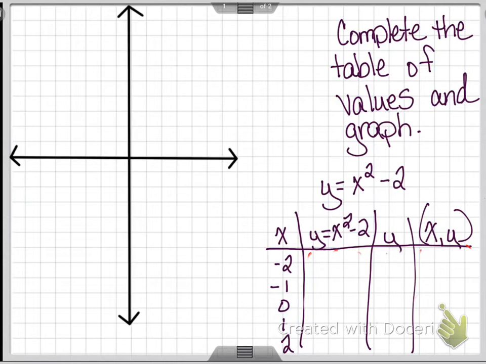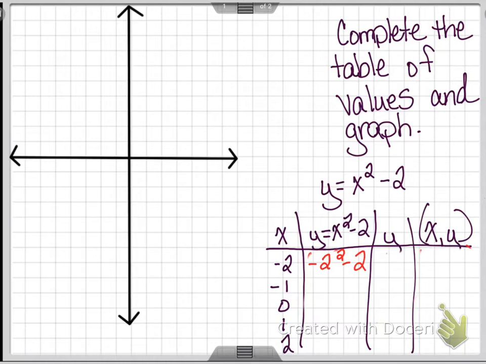Now, for each one of these, we're going to plug that in for x. So the first one, I'm going to have -2 squared minus 2. So I have taken that x value that I have picked, and I have plugged it in for x.